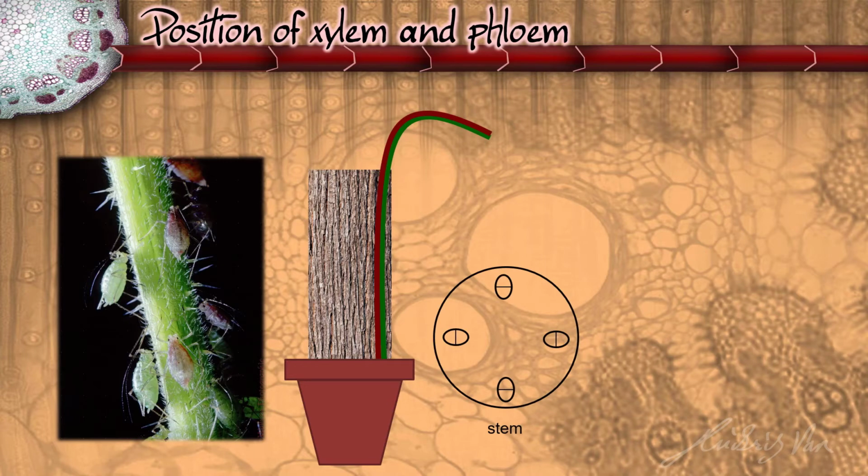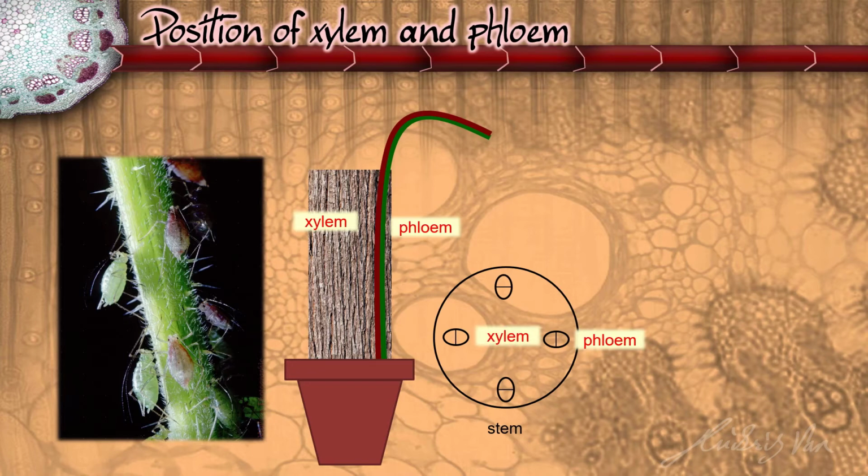So if they give us a cartoon diagram of a stem, the phloem is on the outside, xylem is on the inside. So phloem is on the outside, closest to the epidermis, while xylem is closer to the pith.